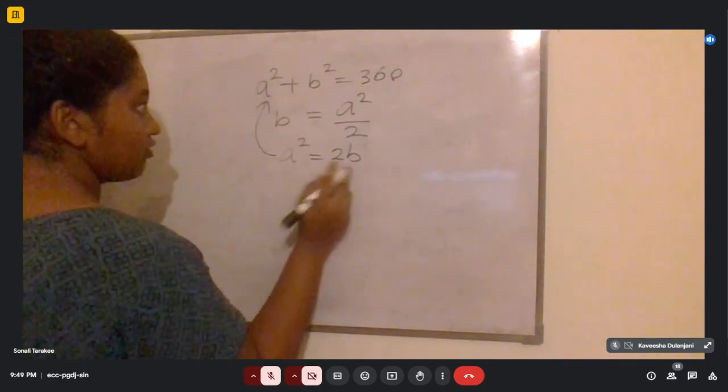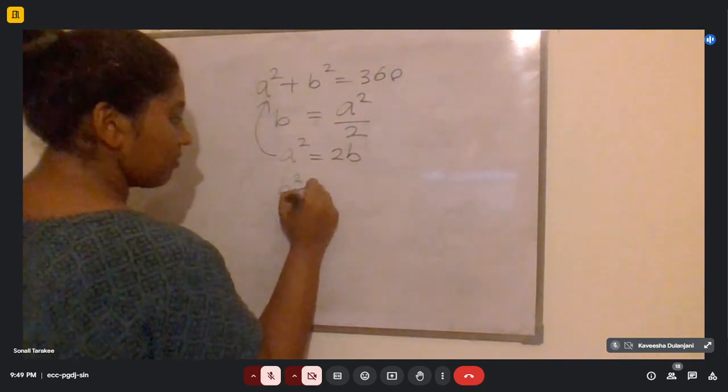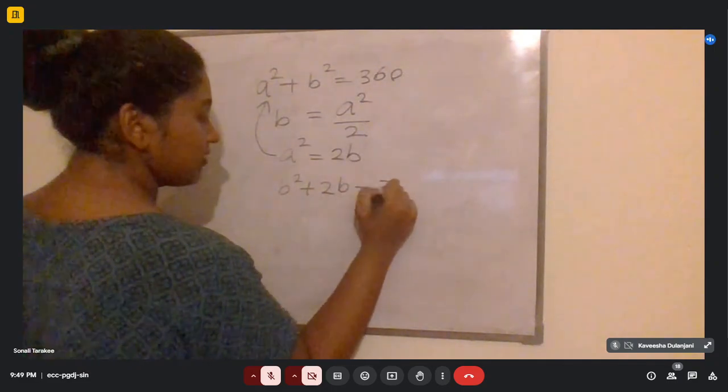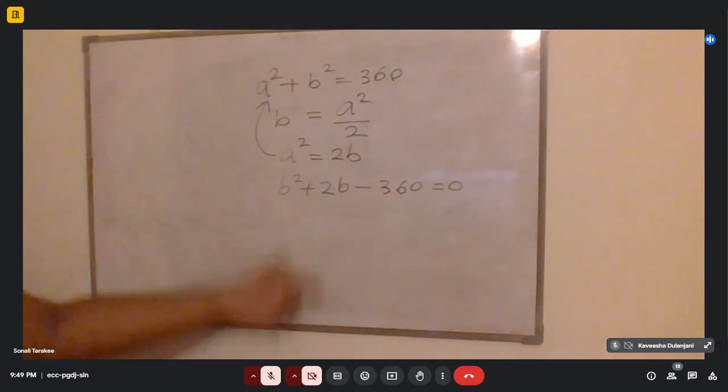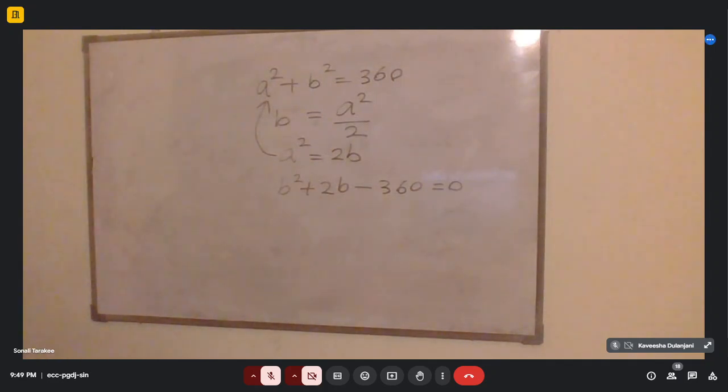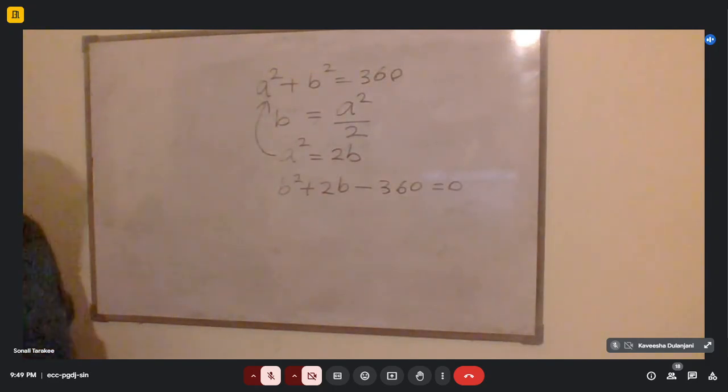So a squared is 2b, then you can write b square plus 2b minus 360 equals 0. Now you can factorize here. So once you factorize, you get the value.